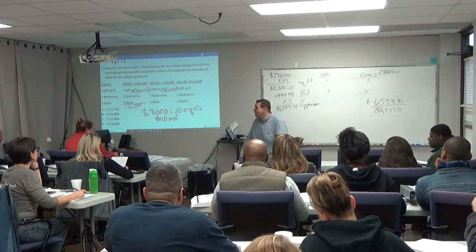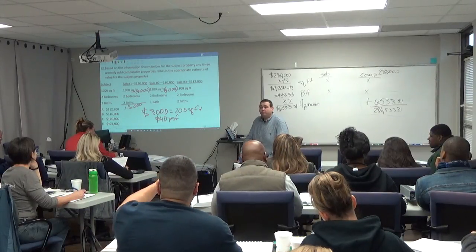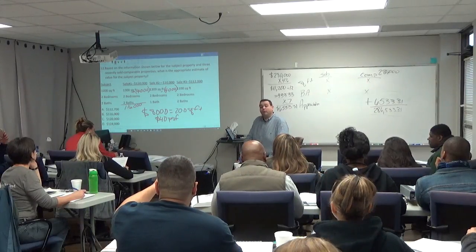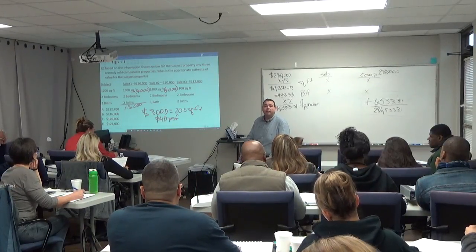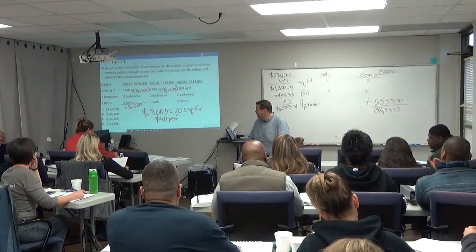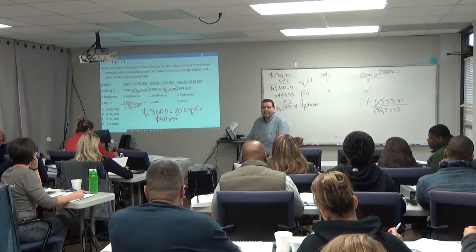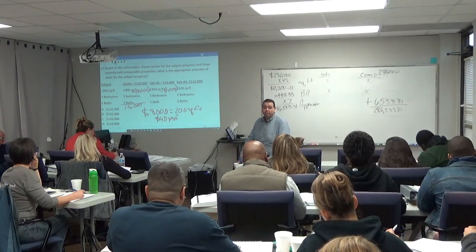Can we figure it out? Yes. How do we figure it out? Can we find 2 properties that are identical with the exception of a bathroom? Yes. It looks like to me comp 1 and 2 are identical except for a bathroom, right? By 10,000.